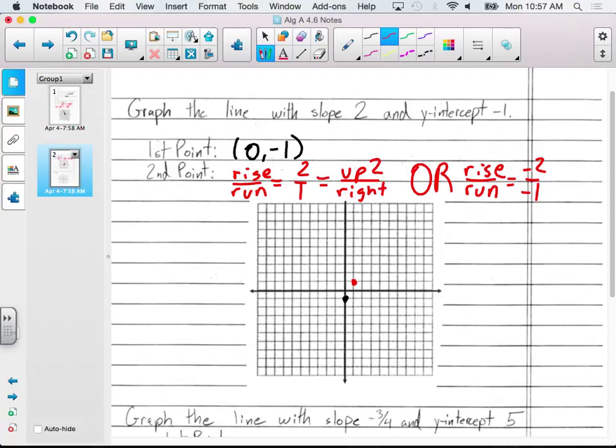So we have a rise of -2, down, and left 1. So again, from our y-intercept, now we go down 2 and left 1.